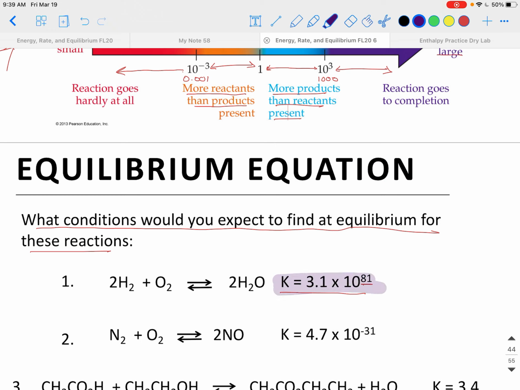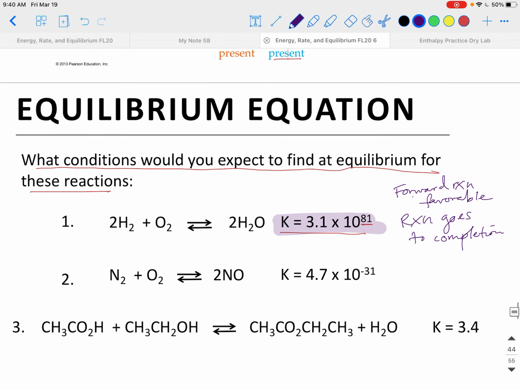So what that means is the reaction goes to completion. Or you could say forward reaction favorable. Or you could say more products than reactants, or all products.